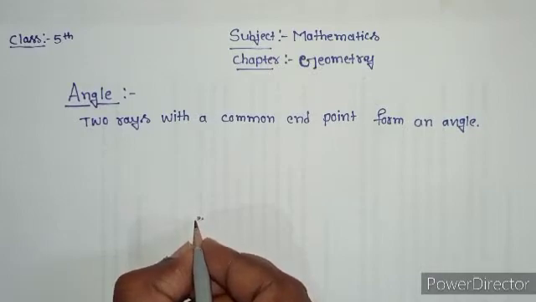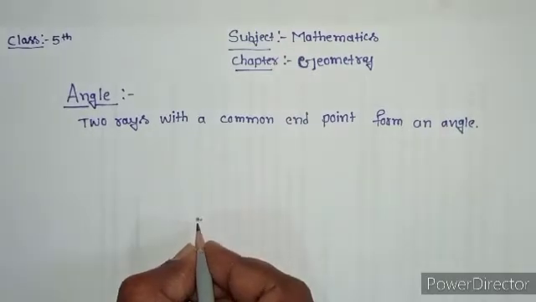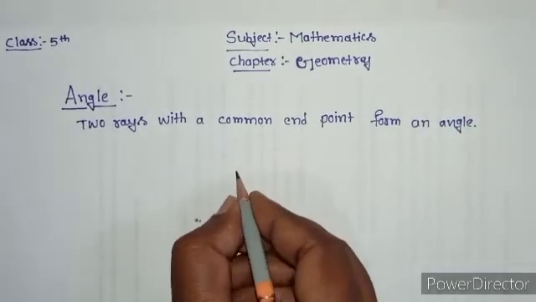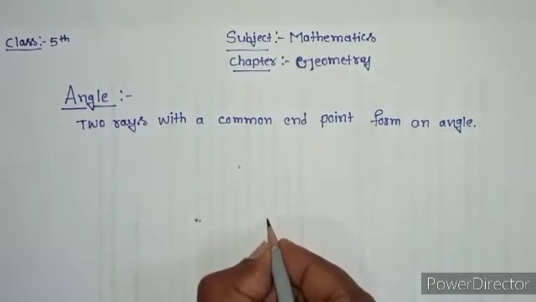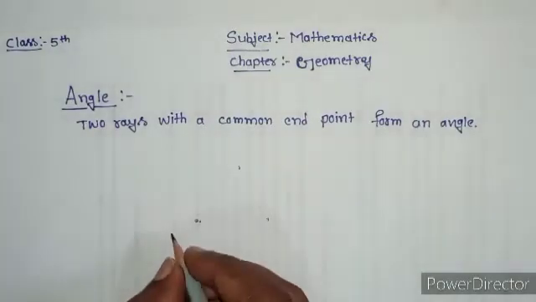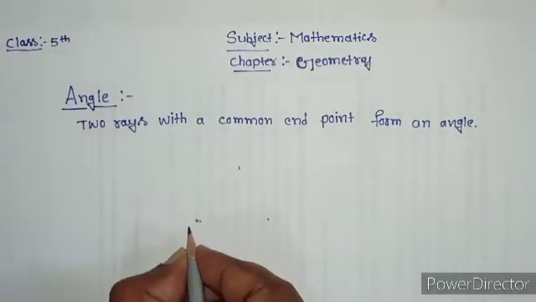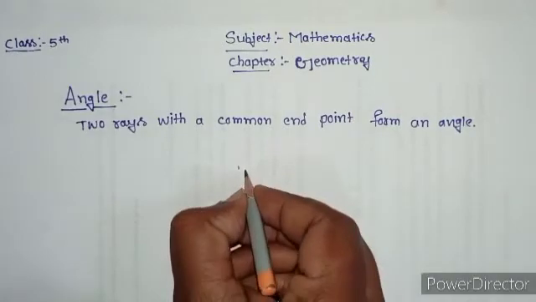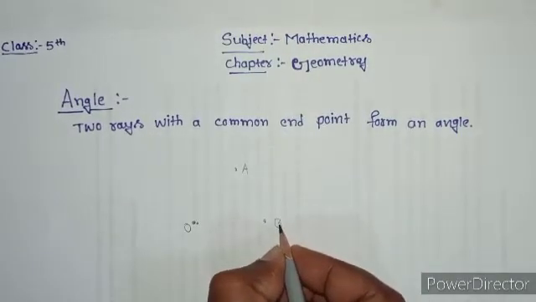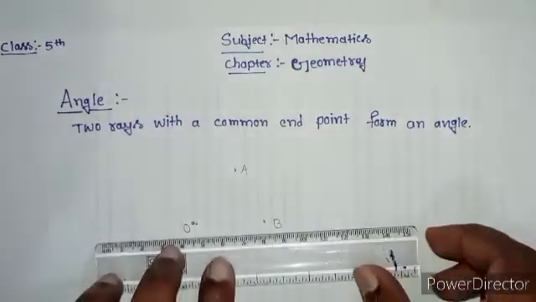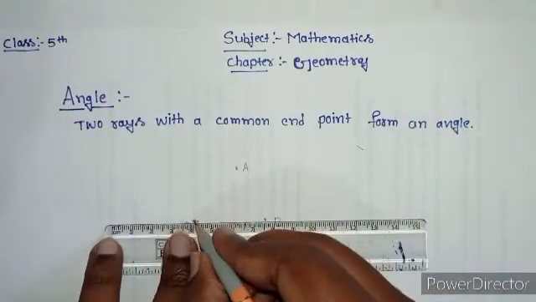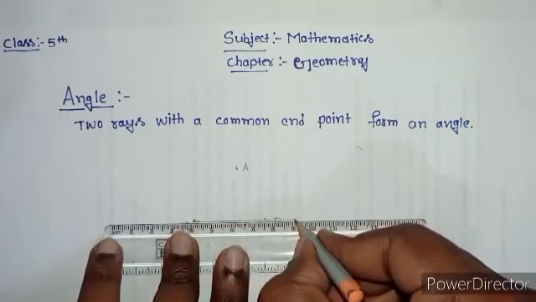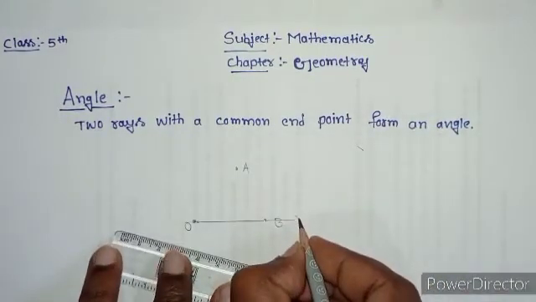All of you see here, this is a point. A point is a fixed location. It cannot be moved. I am going to draw another point here and another point here. Now I am going to give names to these points: O, A, and B. Now I am going to join these points with extended arrows.